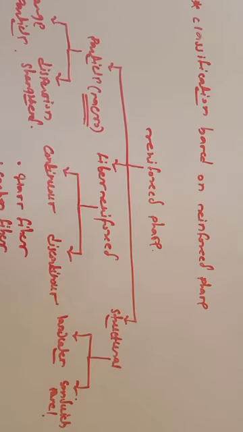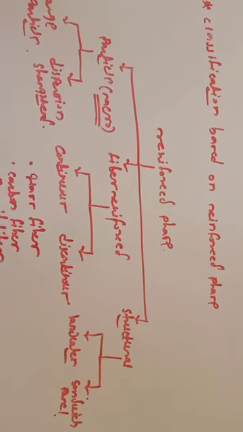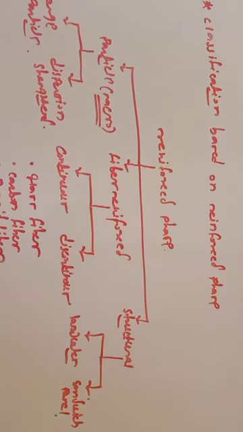In fiber, there are continuous and discontinuous reinforced phases, and they contain mainly glass, carbon and aramid. The last one is structural, which may again be classified into two types, laminates and sandwich panels.